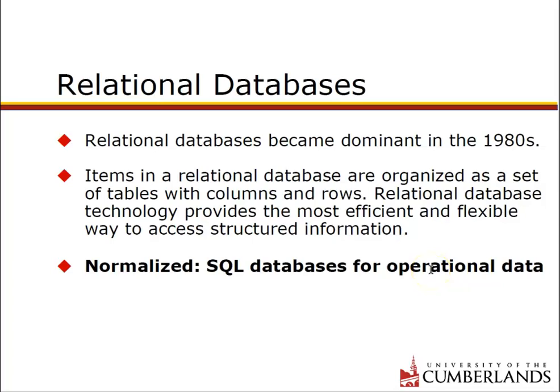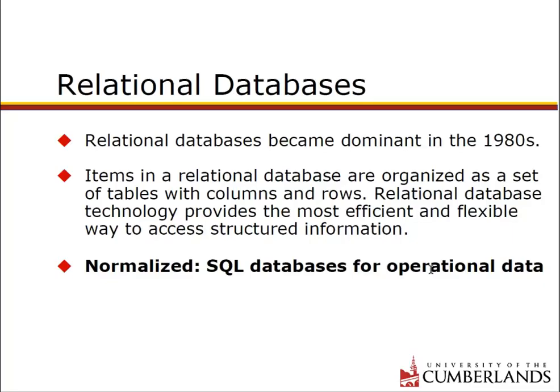Next type is relational databases. Now, relational databases, which became dominant in the 1980s and remain the foundation of most business applications today, represent a significant advancement in data organization and management.